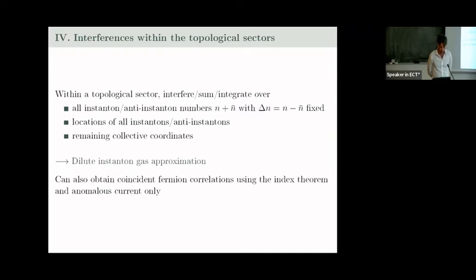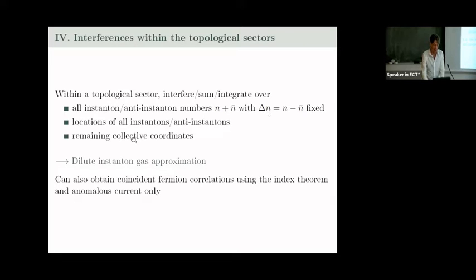So now let's proceed and carry out the interferences first within the topological sectors. Within the topological sector, the topological charge delta n is fixed. By the way, this is our idiosyncratic notation. So delta n, of course, is what normal people call Q here at this conference, yeah. So we need to sum over all instanton anti-instanton configurations n plus n bar with the constraint that delta n is fixed.